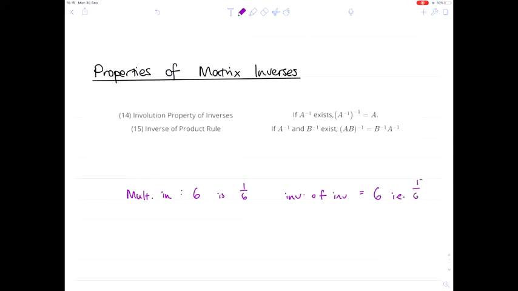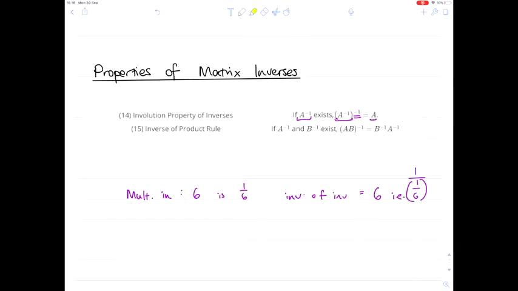The same thing works here with inverses. If you can find an inverse of a matrix A, then the inverse of that inverse is just A, which is exactly as we would expect.